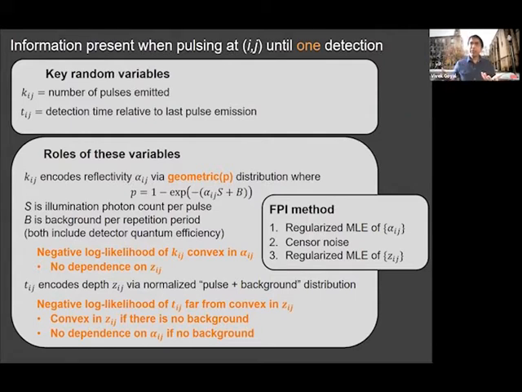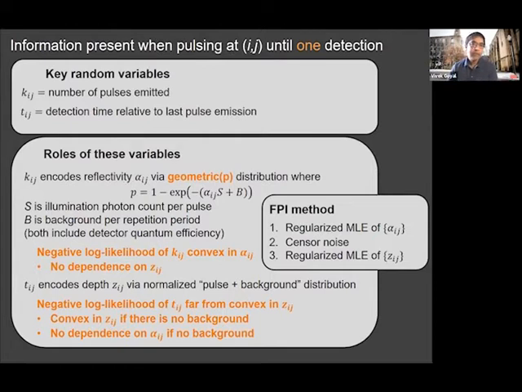If we do a reasonably good job in that second step, then we can make believe that there's no ambient light to get a convex optimization problem to solve for regularized maximum likelihood estimation of the depth.